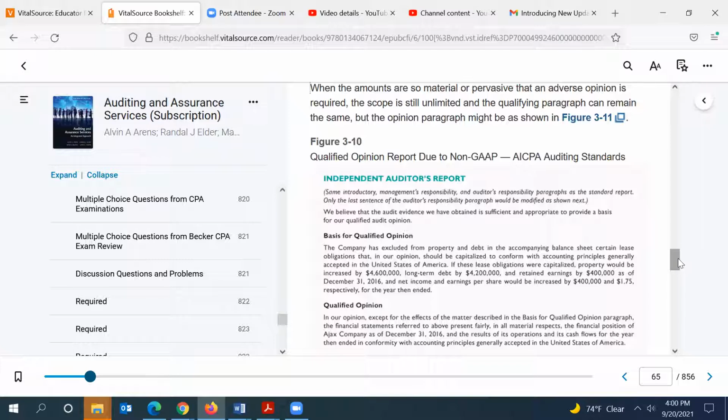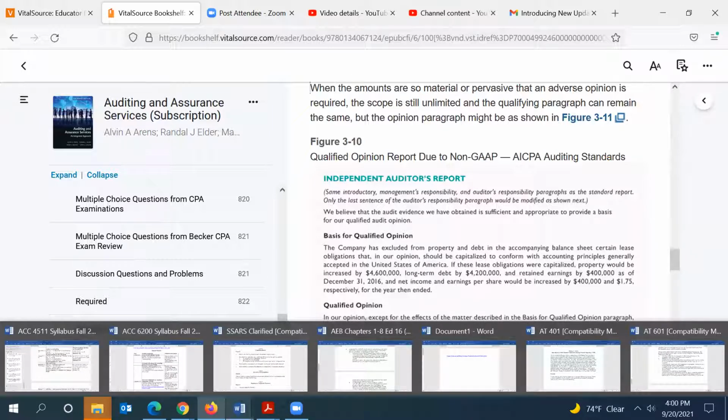So, as we've seen before, here in the book, if we are talking about departures from GAAP, we know that just like scope limitations, we have 3 levels of materiality. So with these levels of materiality and with the reports that we'll see, we're going to go to some examples in our book about departures from GAAP and the resulting audit reports.